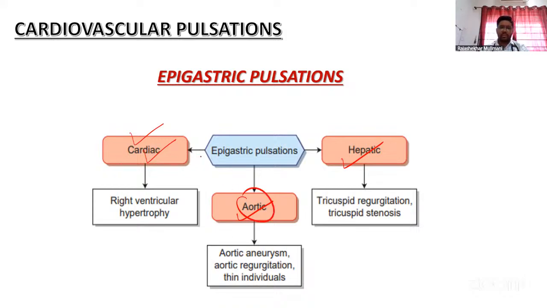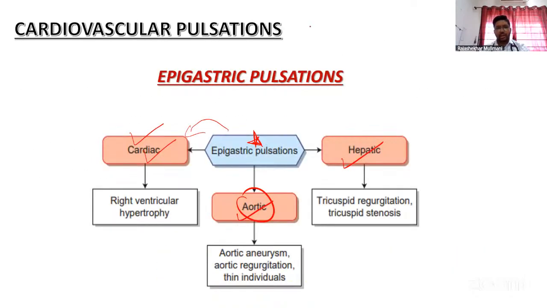In thin individuals, even a normal aortic pulsation can be seen in the epigastric area. While palpating, we are going to confirm whether the epigastric pulsation, if it is seen, is due to cardiac right ventricular hypertrophy or due to aortic pulsations.